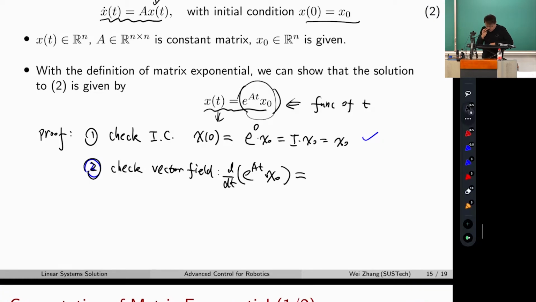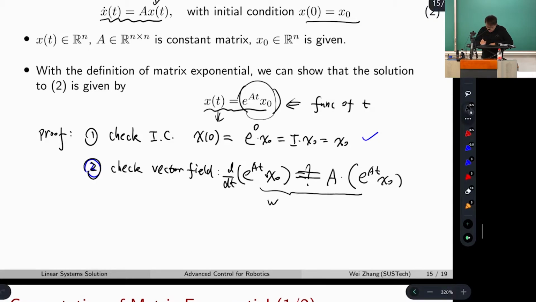I don't know yet, but I hope it equals A times what I propose, x(t), which is A e to the At x0. That's what I want to show. This is our objective. We need to show this.